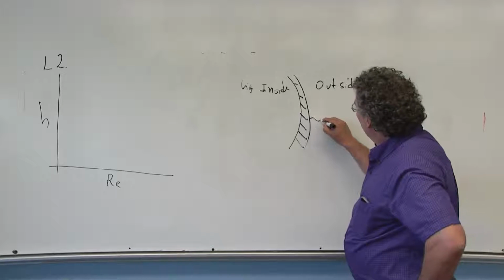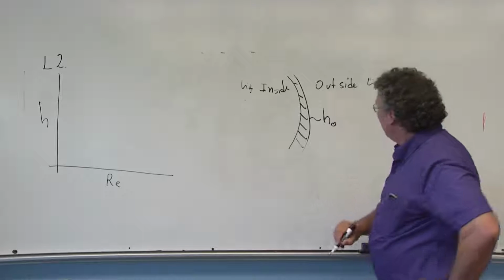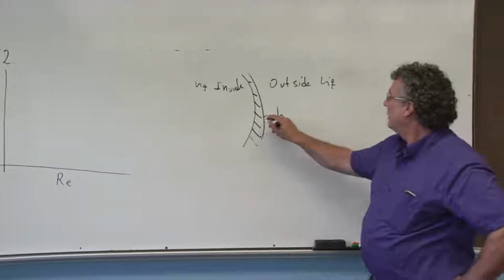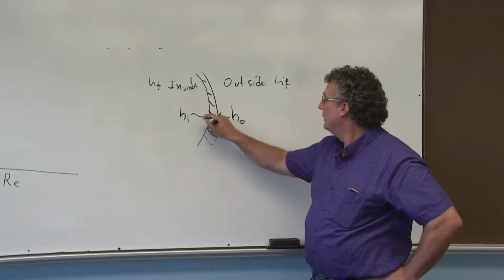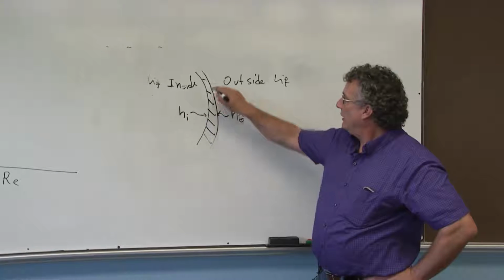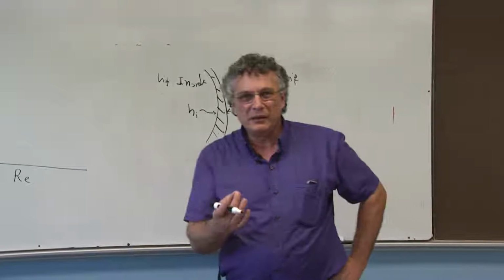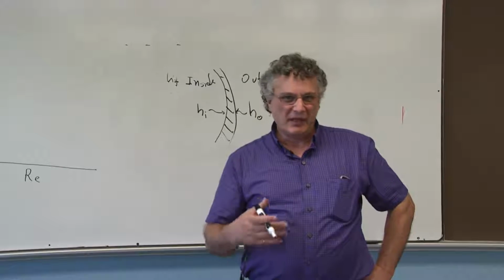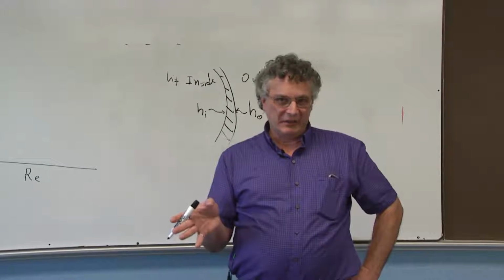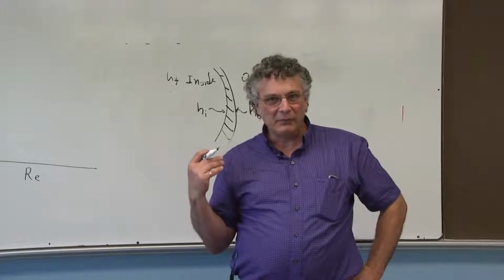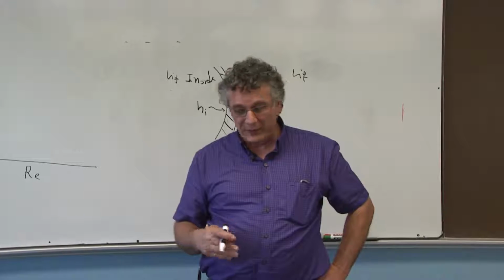At this surface we're going to have a heat transfer coefficient Ho on the outside and a heat transfer coefficient Hi on the inside, and a thin wall of metal. In this case it's a thin copper pipe which has high thermal conductivity, so we are going to disregard any thermal resistance that the pipe could offer for the heat transfer between fluids.